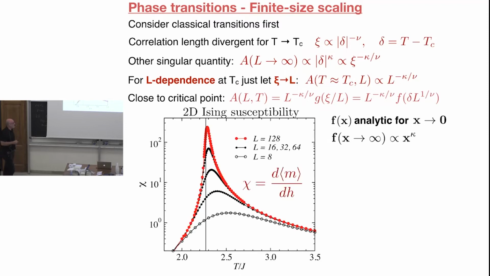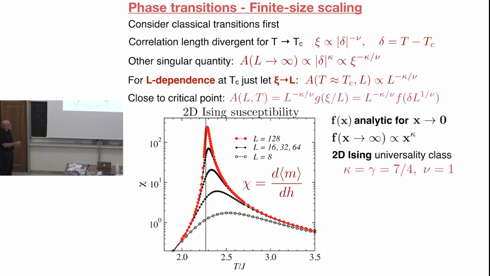There will be some other twists later on. So let's look at an example. And now I use the 2D Ising model, its susceptibility, which can be computed very nicely with these cluster algorithms that I told you about. So now you see, as a function of t, there's a peak which diverges, and the peak height should scale. In this case, kappa should be minus gamma.